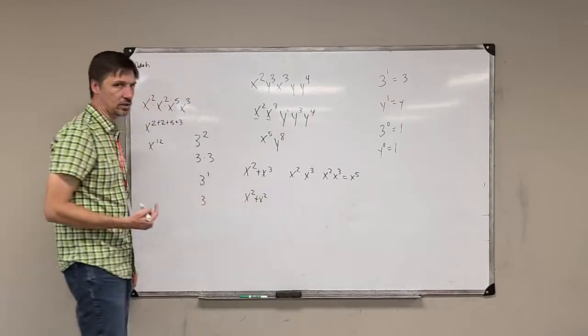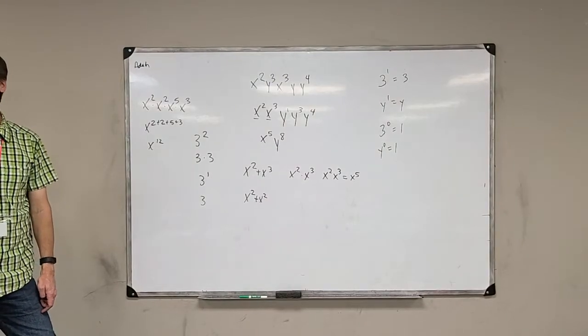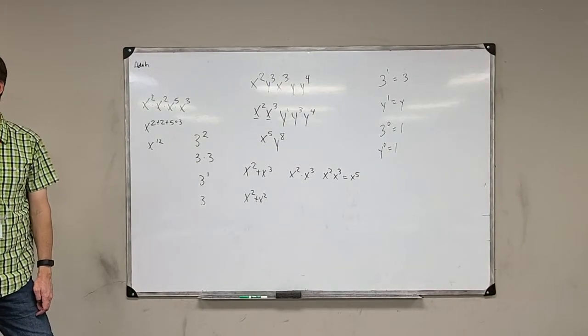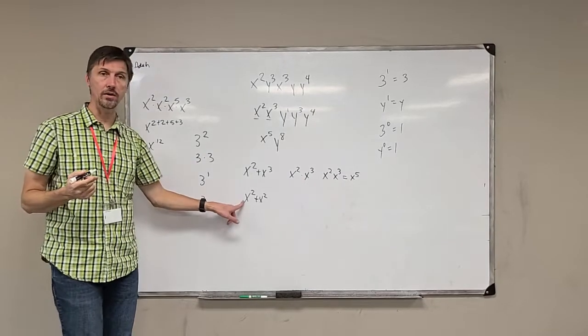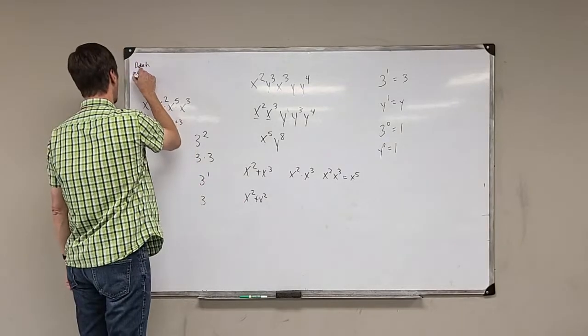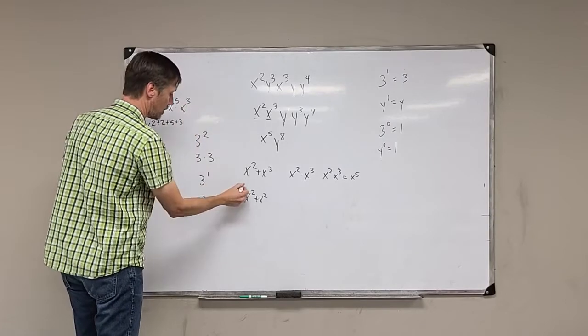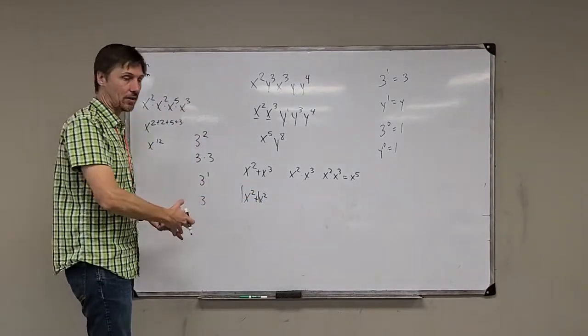What are the coefficients for each of these terms? What's the coefficient for x squared? Understood 1. There's an understood 1, right? So there's an understood 1 on both of these. So it's really 1x squared plus 1x squared. What's the rule when we have like terms? We add the coefficients together.